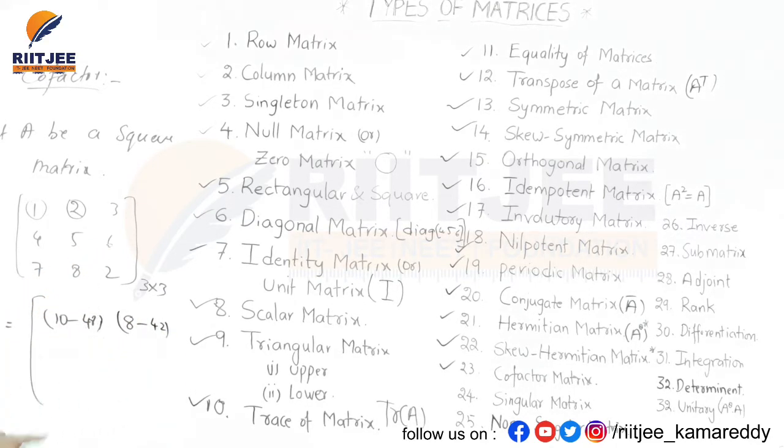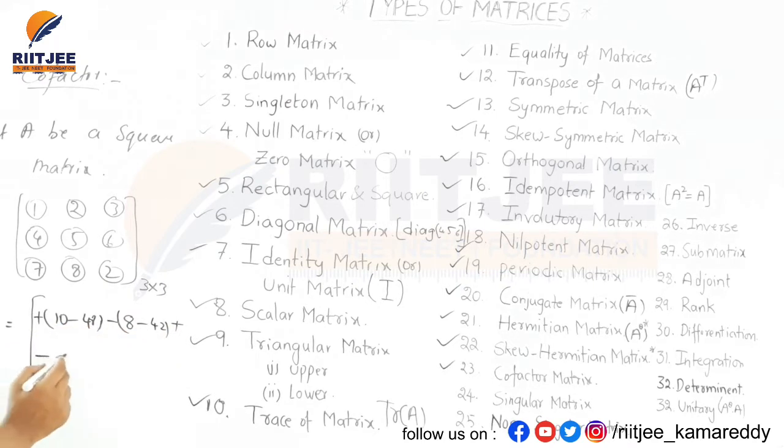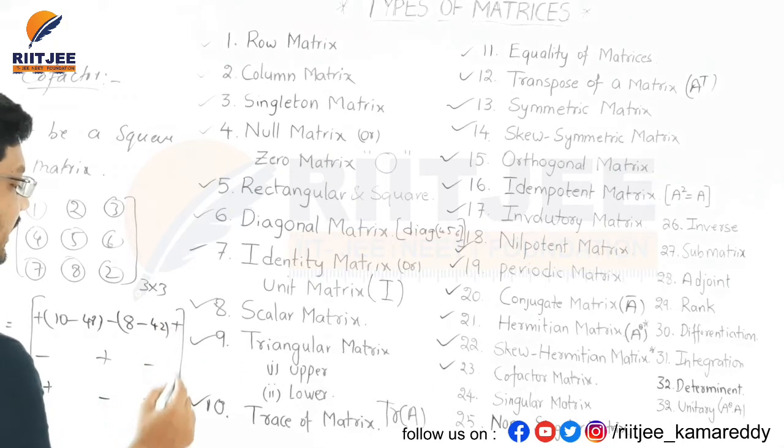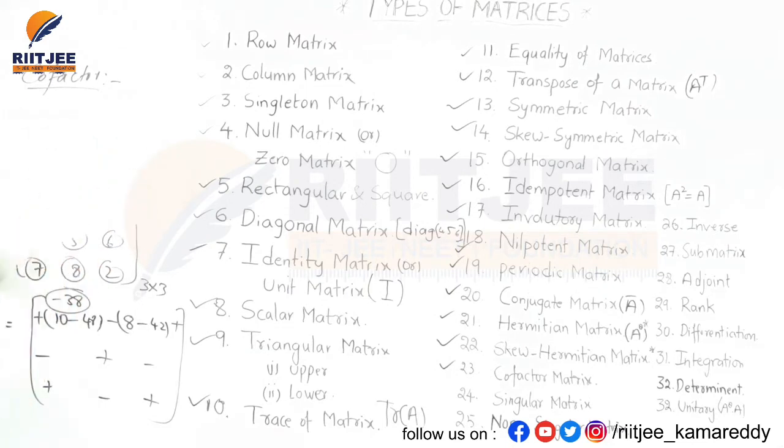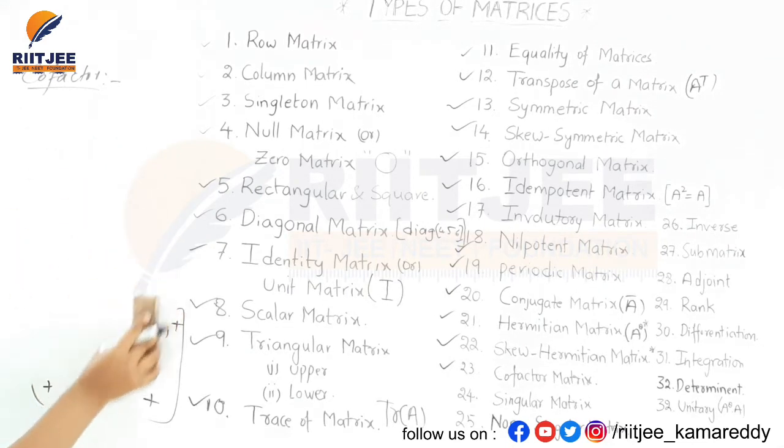Like this, after finding the minor values of each and every element, we need to write the signs plus, minus, plus, minus, plus, minus, plus, minus, plus. This is the cofactor matrix. After 10 minus 48, minus 38 is the value of the first minor. In that way, similarly, we need to find the minor value of each and every element.